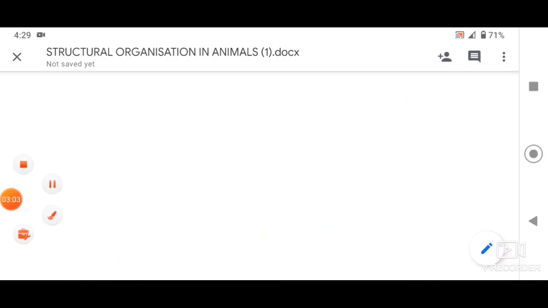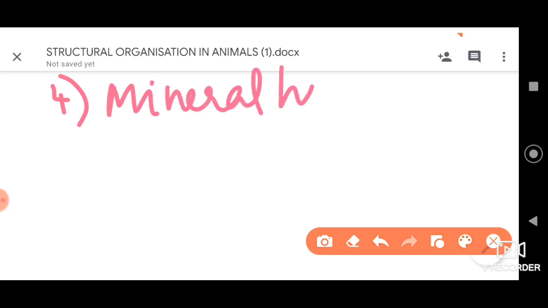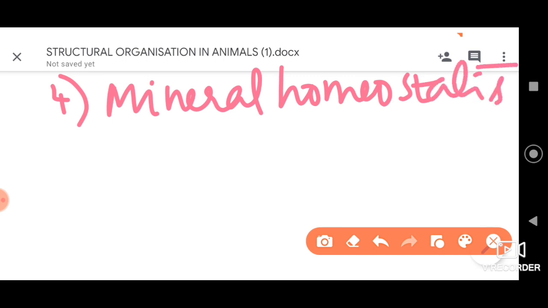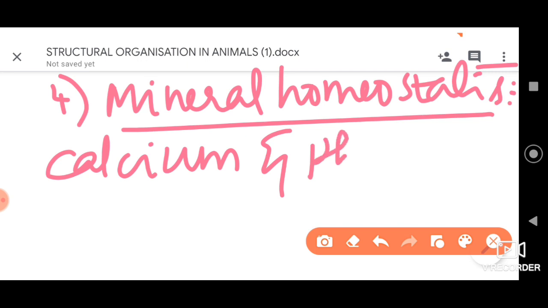Then moving on with the fourth function, it performs mineral homeostasis. So what do we mean by this? I have already told you that bone tissue stores a number of minerals. The bone is especially rich in calcium and phosphorus, and bone tissue is under the control of the endocrine system.